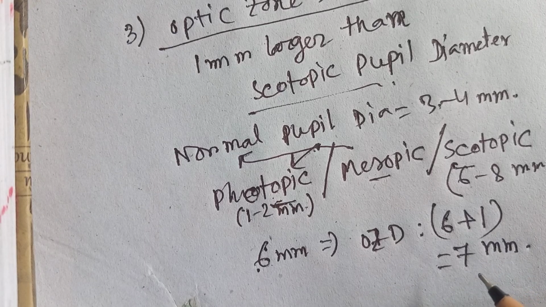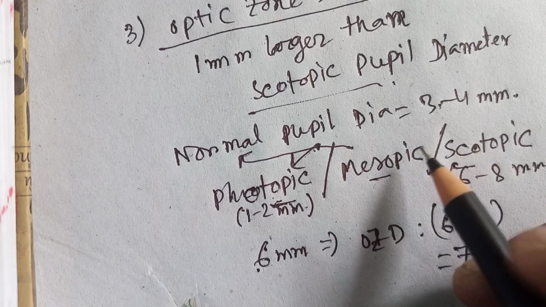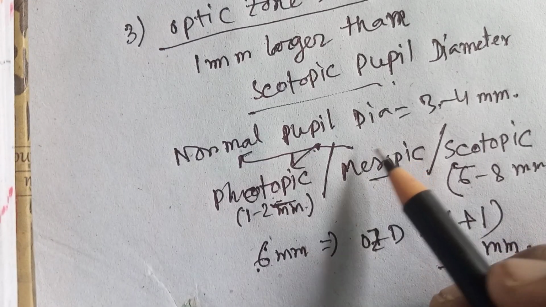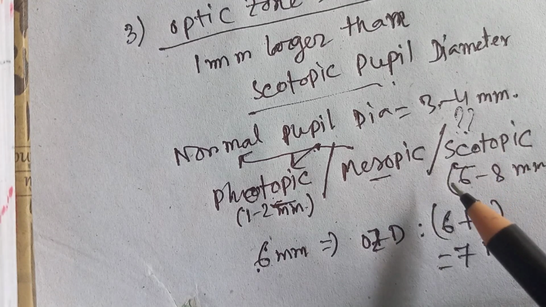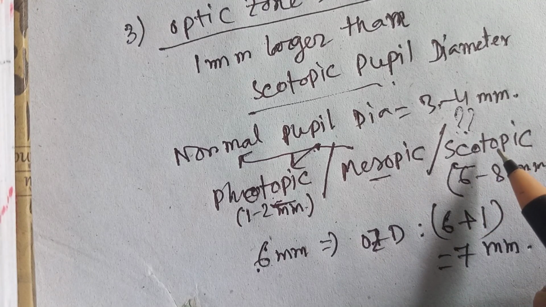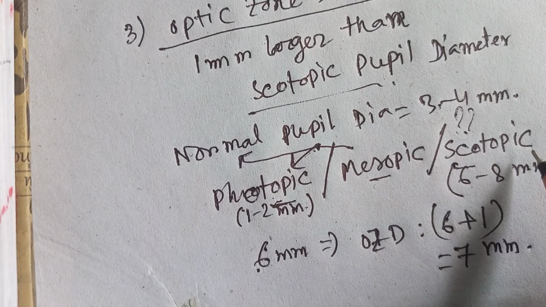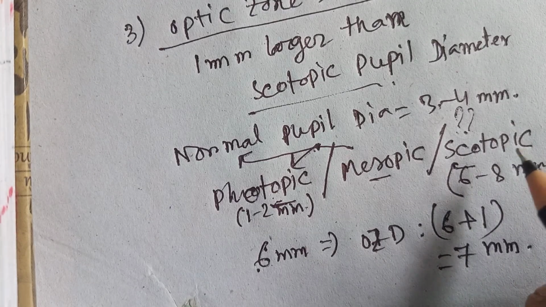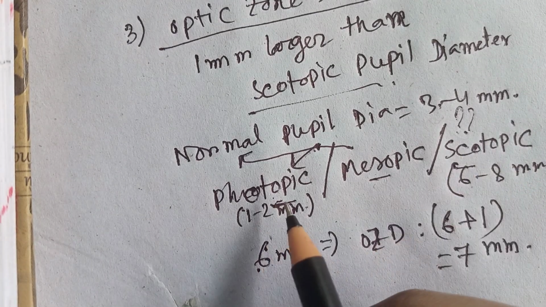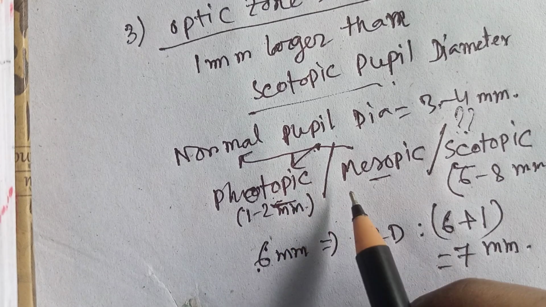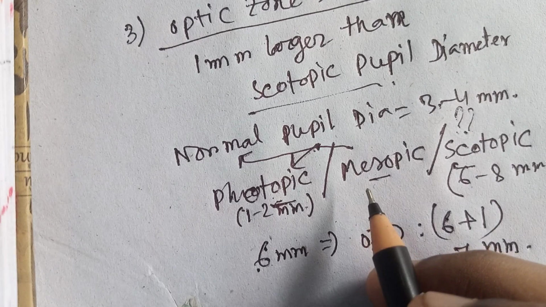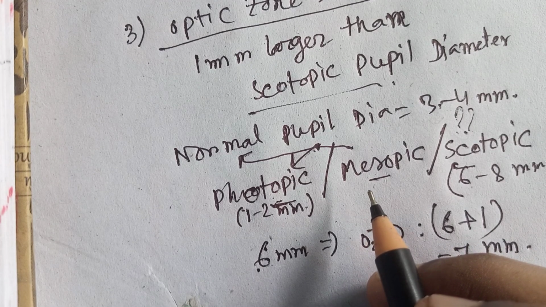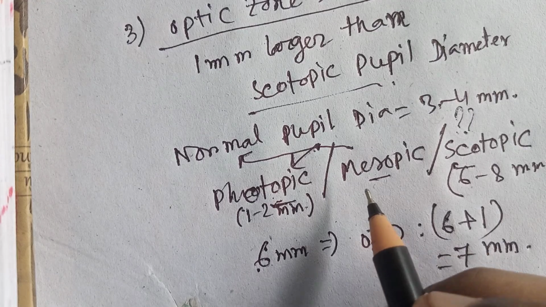Now let's understand why measuring the scotopic pupil diameter is important. We can measure the mesopic or the photopic pupil diameter, but why scotopic? The scotopic pupil diameter is important because it is the largest possible diameter. If we measure the photopic or mesopic pupillary diameter and choose the optic zone diameter according to that, the problem is that this might create glare at night.